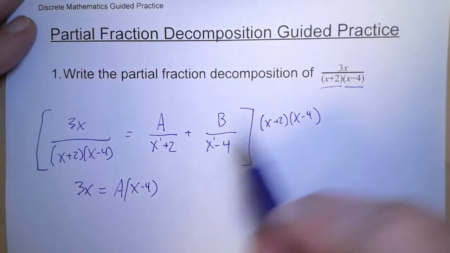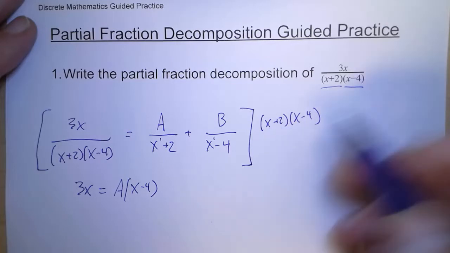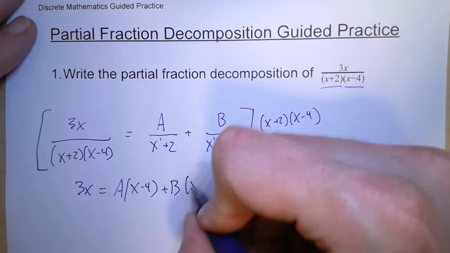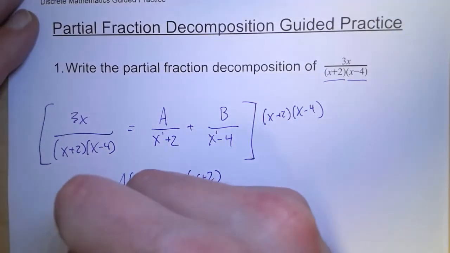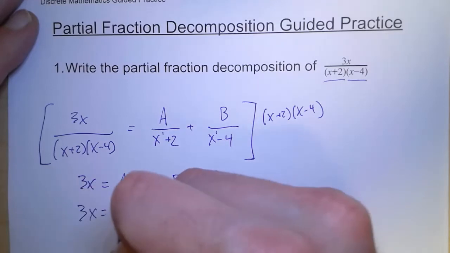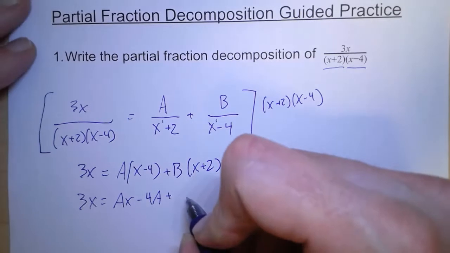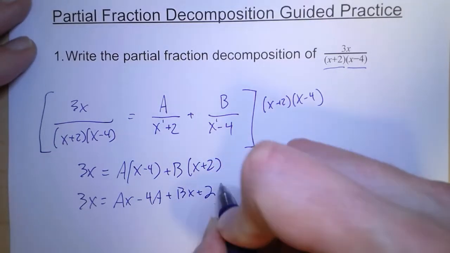If we multiply this quantity onto the b over x minus 4, the x minus 4's cancel, leaving b times x plus 2. Now we'll expand these out. We have 3x equals ax minus 4a plus bx plus 2b.